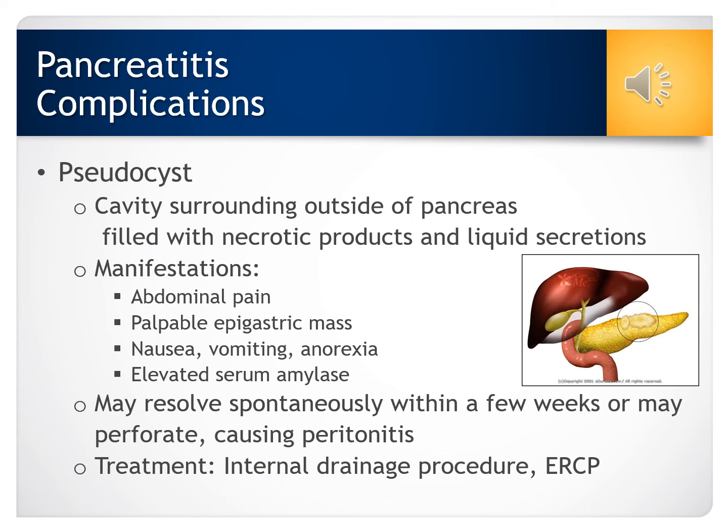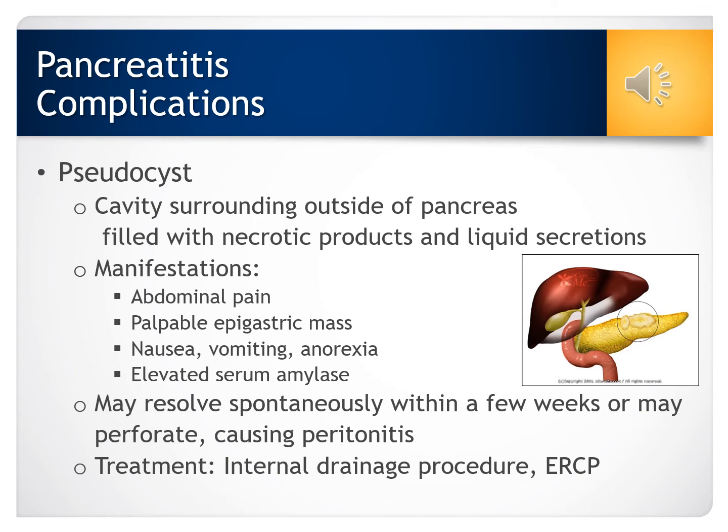A complication of acute pancreatitis is a pancreatic pseudocyst, which is an accumulation of fluid, pancreatic enzymes, tissue debris, and inflammatory exudate surrounded by a wall. Manifestations of a pseudocyst are abdominal pain, a palpable epigastric mass, nausea, vomiting, anorexia. The serum amylase levels frequently remain elevated.